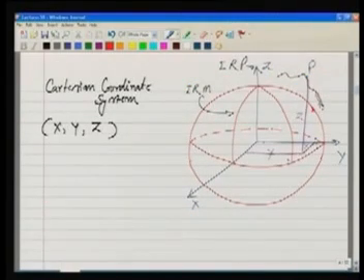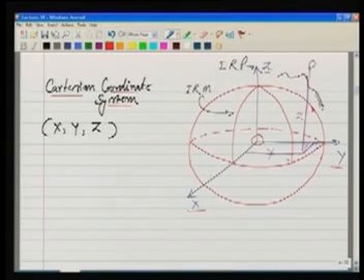The other one is the Cartesian coordinate system. Now what is there in this system? Again, at the center of this ellipsoid we have the origin here. Similarly, as we saw in our last slide, we have defined x, y, and z.